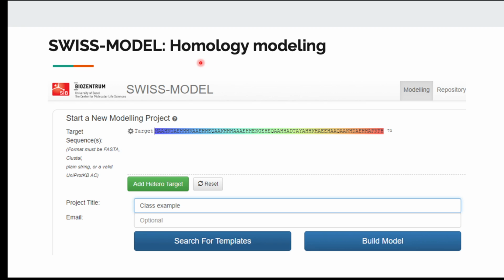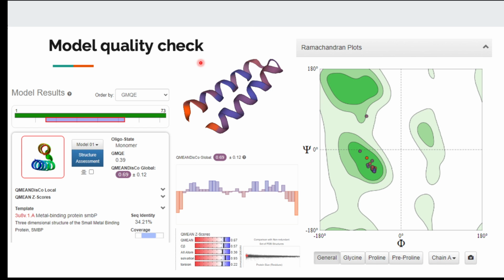So you use the known structure as a template and then fit your new amino acid sequence onto the structure. I recommend this one before AI because with Swiss model, with this kind of homology modeling prediction, they not only give you the prediction, they give you the quality of the prediction.